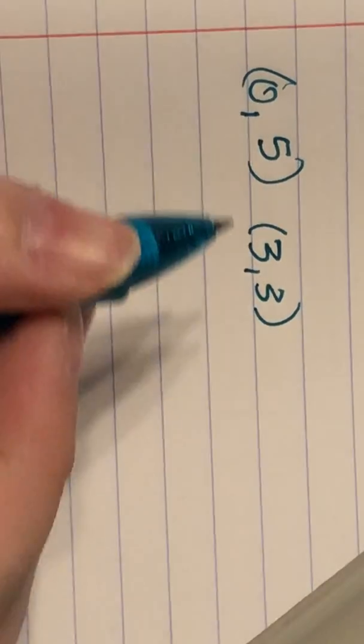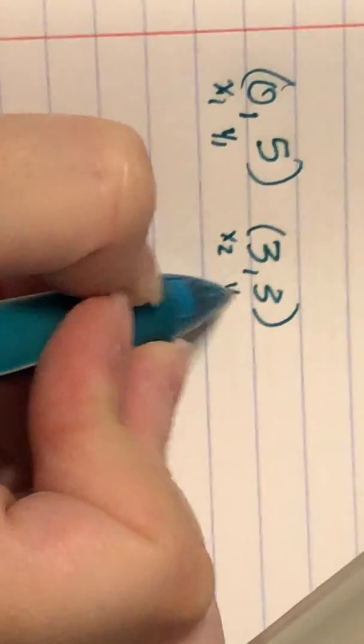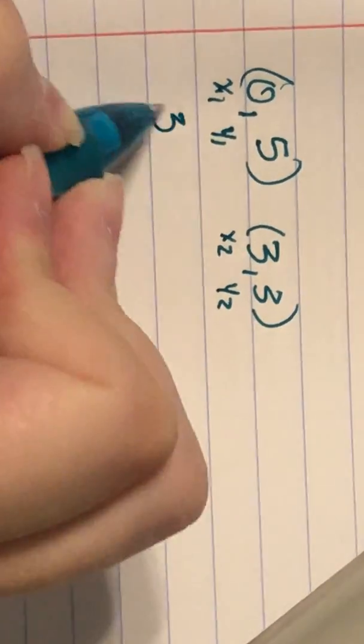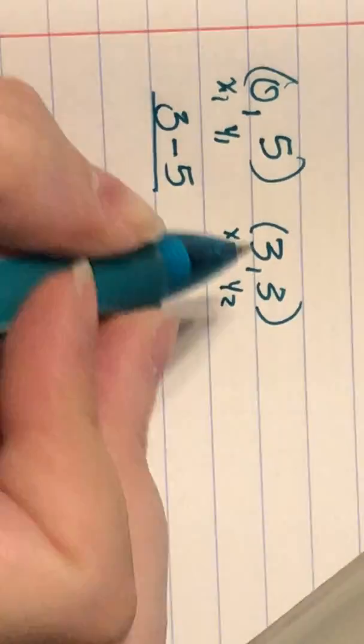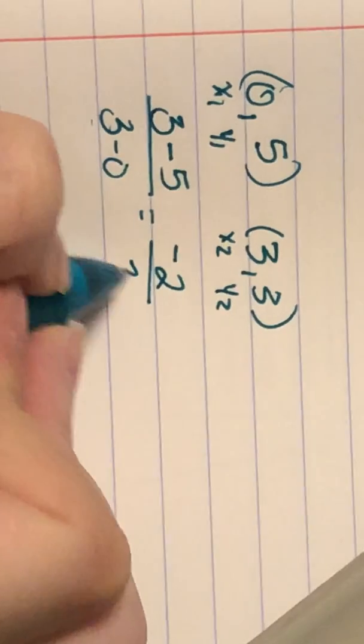So again, you can look at the graph and try to determine it that way, or you can use the slope formula. So this is x1, y1, x2, y2. I'm going to take 3 minus 5 over 3 minus 0. 3 minus 5 is -2. 3 minus 0 is 3.